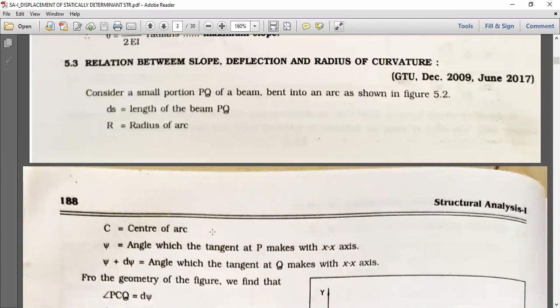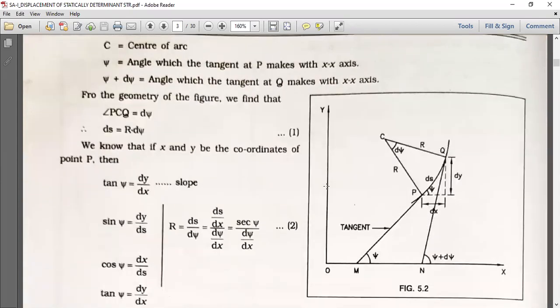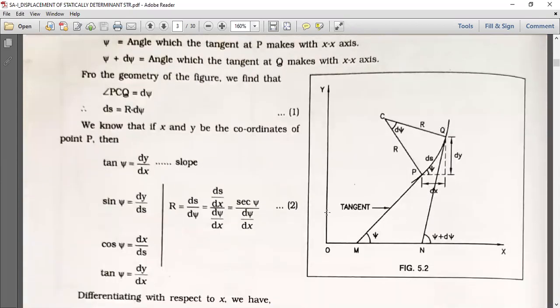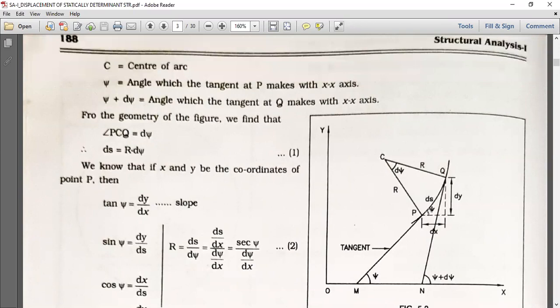Now another topic: relation between slope, deflection, and radius of curvature. Consider a small portion of beam PQ bent into an arc as shown in figure 5.2. Here we consider a small portion of the beam which is curved.